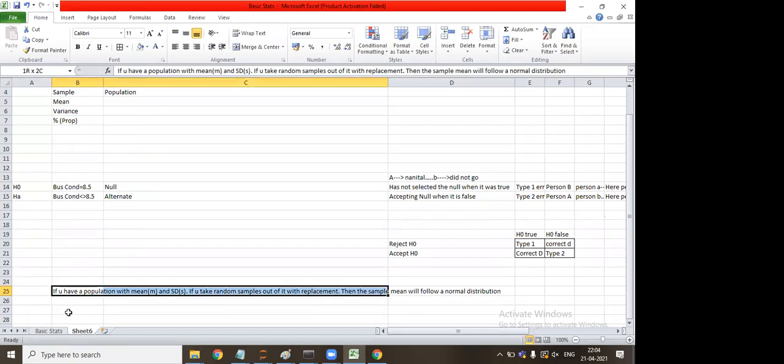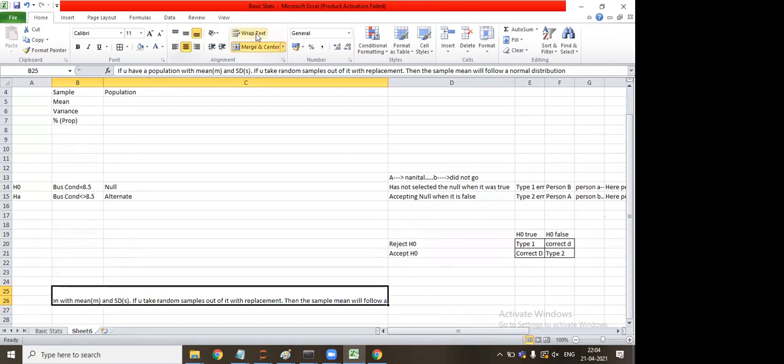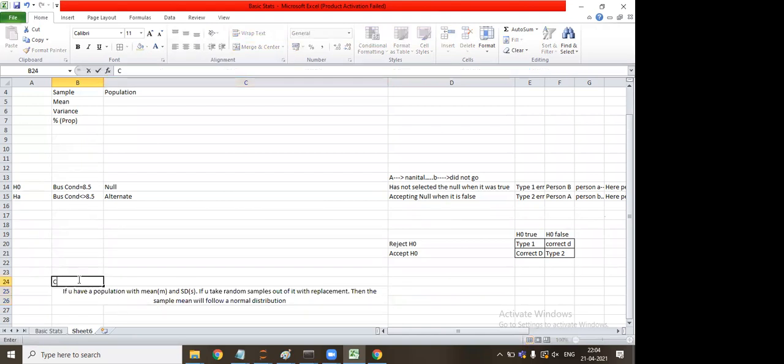Yes, not clear, sir. If you take random samples with replacement, what is the replacement? Let's say you have a room full of balls.